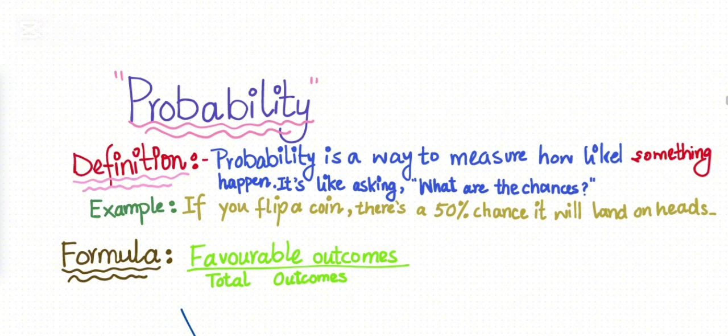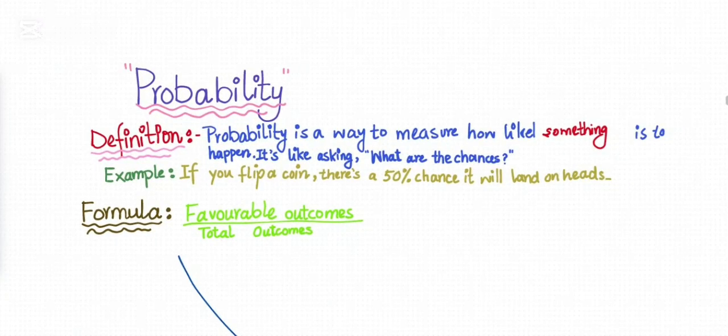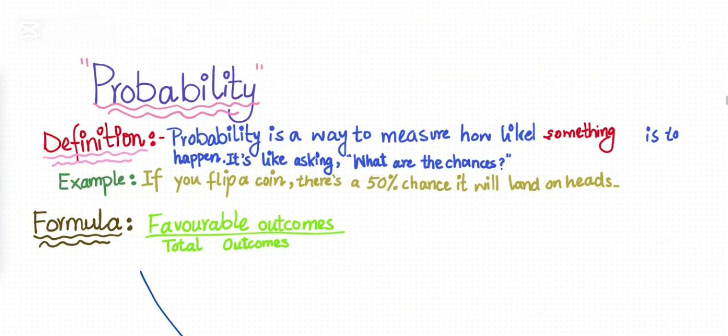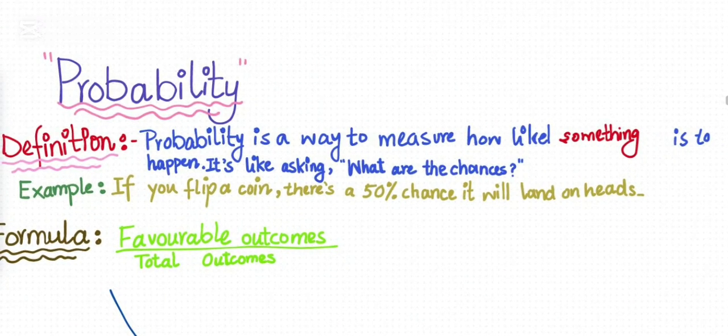So let's get started. Alright, let's begin with the basics, right? So, what is probability? Probability is simply the chance of something happening. It helps us measure how likely an event is to occur.